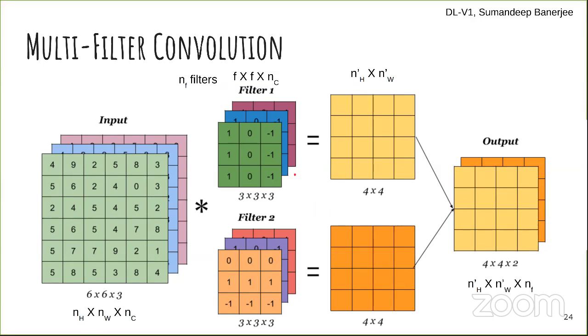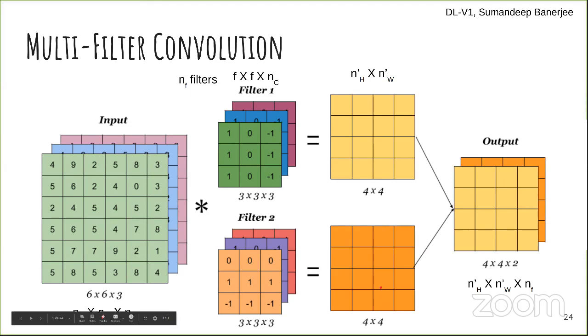So in this case, we have two filters, so we end up with an output of 4 by 4 into 2. This 2 is the number of filters we apply, like filter one and filter two. So each filter applies on RGB and does a weighted summation, not only across the 3 cross 3 space, but also across the channels. So basically it does a weighted summation of the 27 numbers, and it computes one thing. And with a very different set of filter coefficients, we can compute another thing.